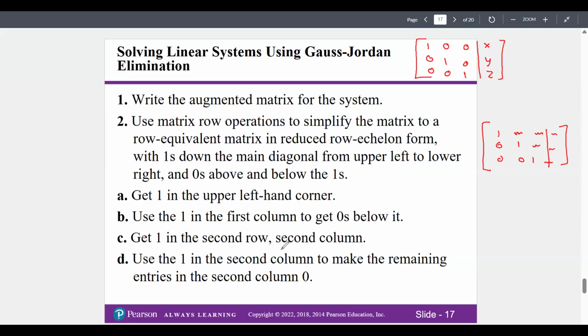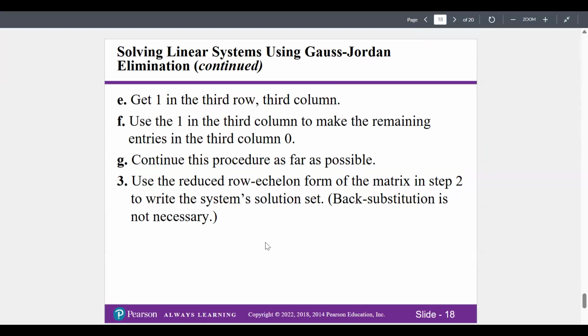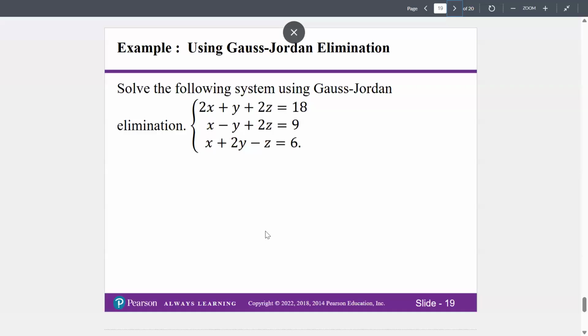Get 1 in the second column. Get 1 in the second column to make the remaining entries in the second column 0. So basically, this is telling you we're just going to try to make everything zeros around it. So in this case, we're not going to do back substitution because we will directly have our solutions.